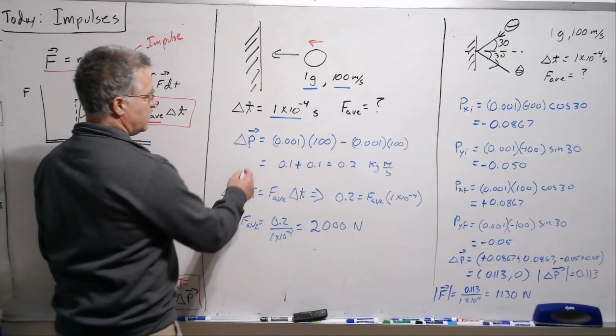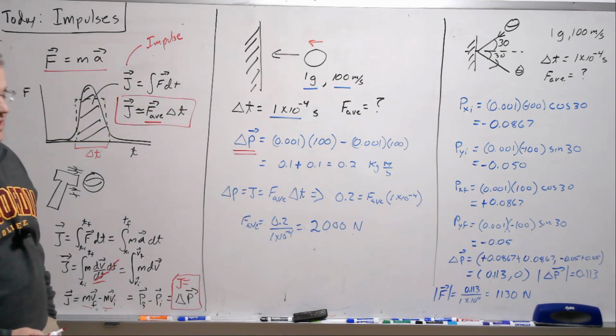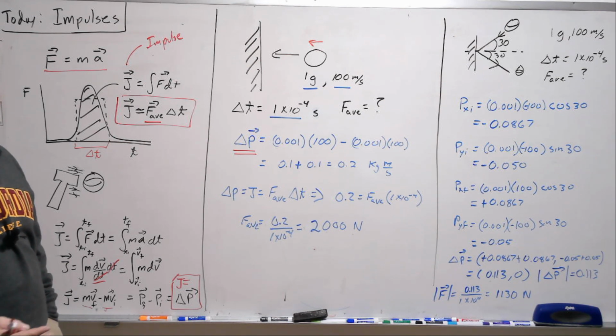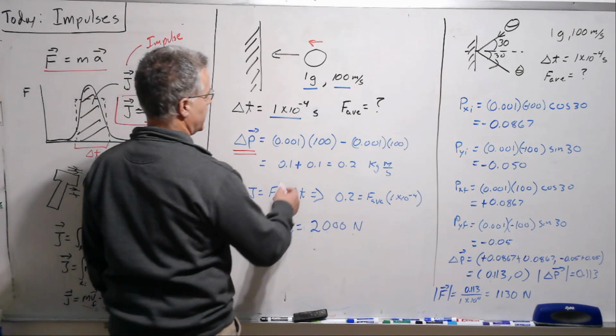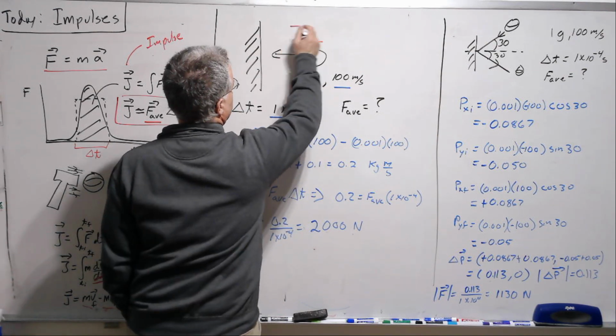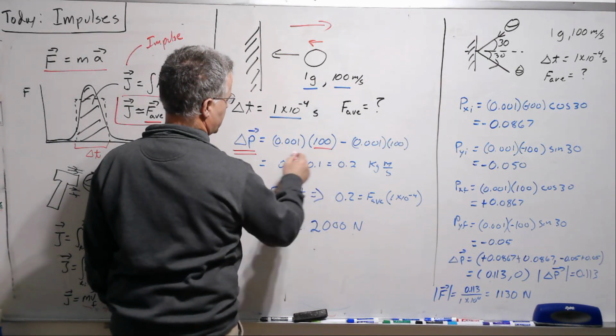All right? Well, let's do it with momentum. So let's figure out the change in momentum. A force acted, so it changed the momentum. Had a momentum before the interaction, had a momentum after the interaction. So we can just take the difference, and that will be the impulse. So the final mass is going this way, so positive 100 meters per second.